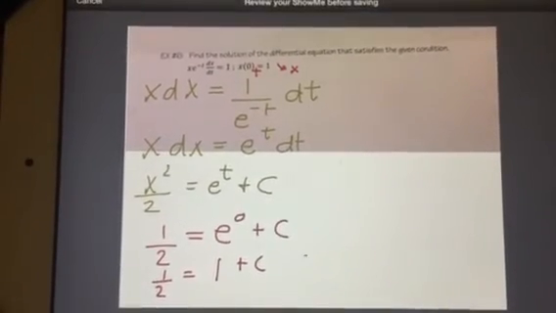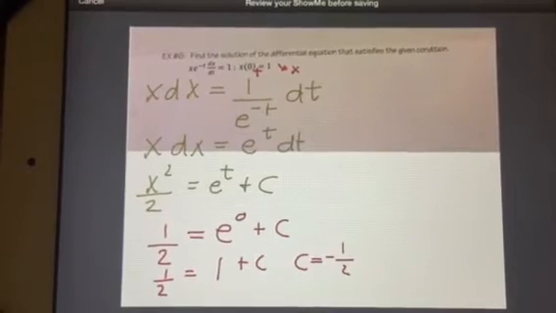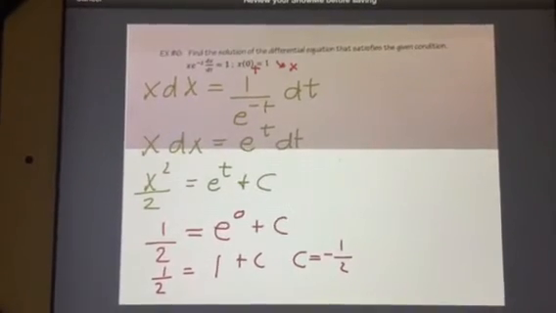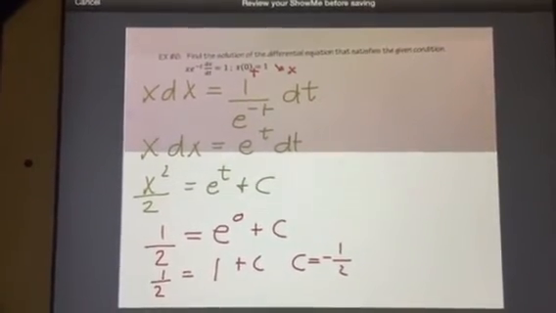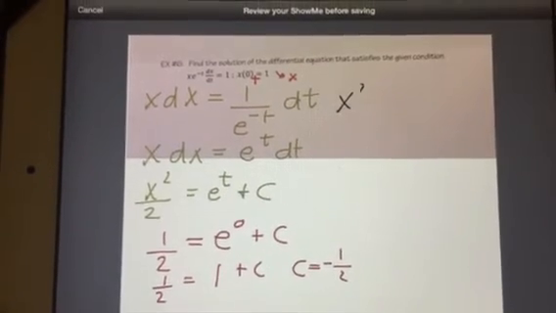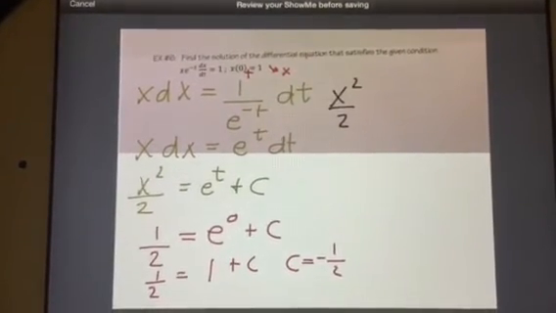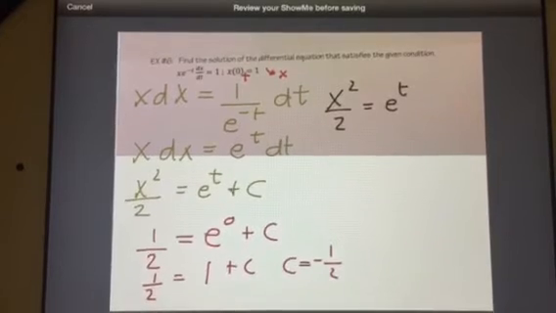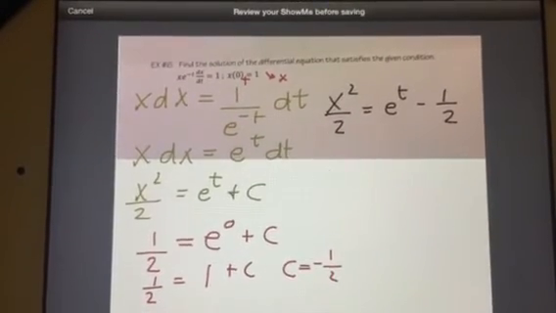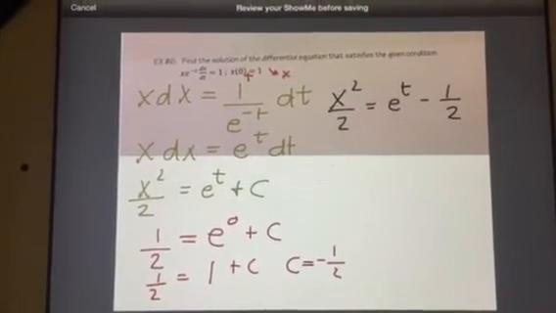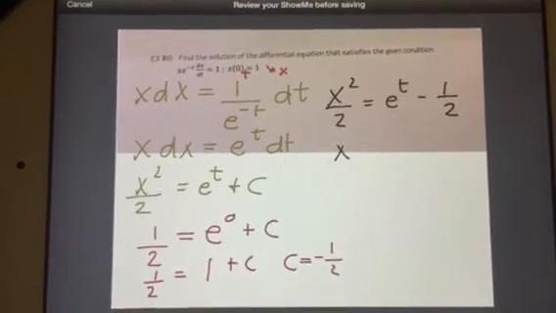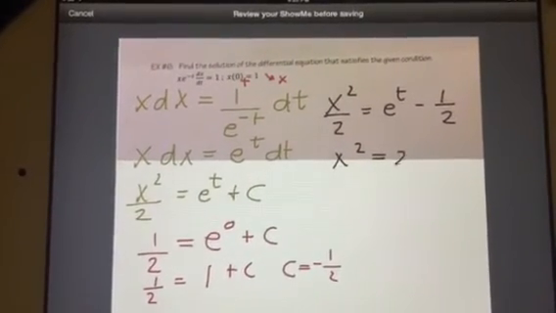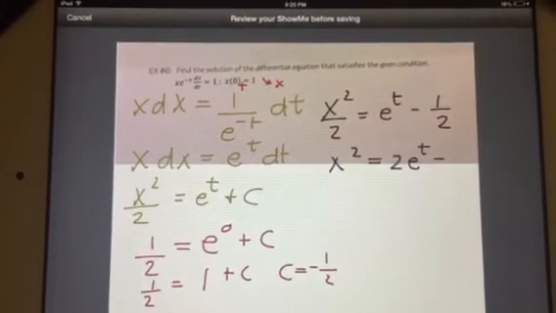Solving for c, we get c is equal to negative 1/2. So our particular solution would be x squared over 2 equal to e to the t minus half, which we can simplify by multiplying everything by 2. We'd get x squared is equal to 2e to the t minus 1.